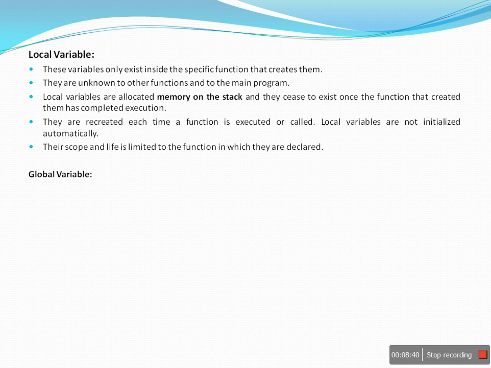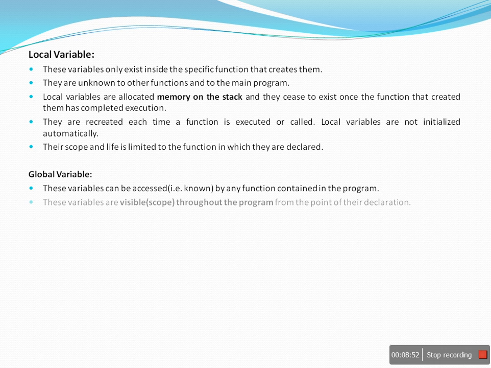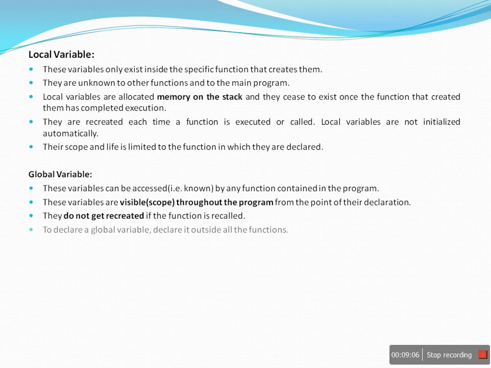Now what is a global variable? These variables can be accessed by any function contained in the program. Now these variables are visible throughout the program from the point of their declaration. They do not get recreated if the function is recalled. To declare a global variable, declare it outside all the functions, meaning you can declare it before the void main function.